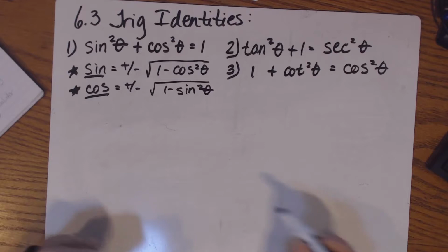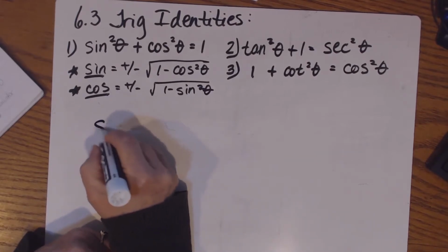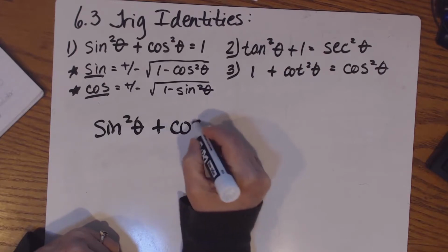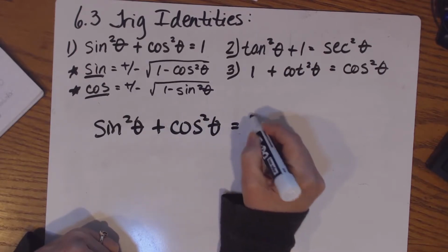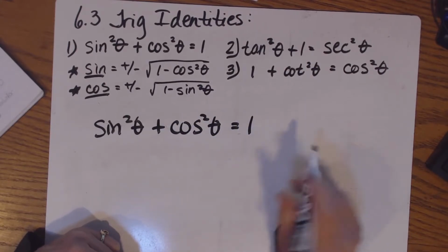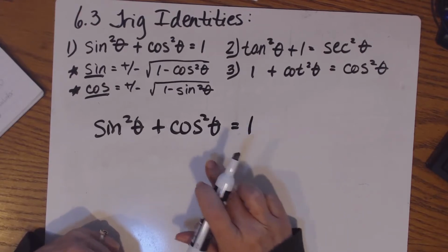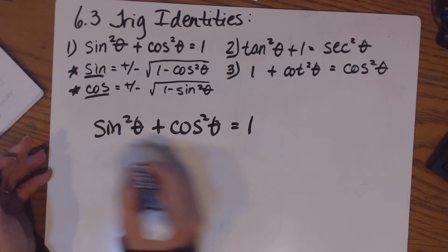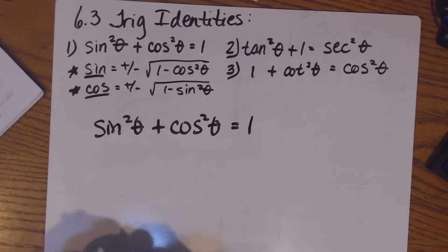To prove something, you're going to say, prove that sine squared theta plus cosine squared of theta equals 1, or actually, what we could say is prove that this is the same identity as this. And of course, we're going to get to that by doing all the divisions. So you're just going to essentially show that algebra, that if I divide everything by cosine squared theta, I get this identity, okay?